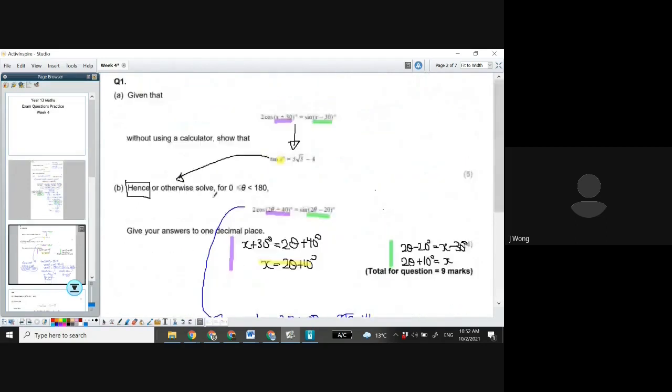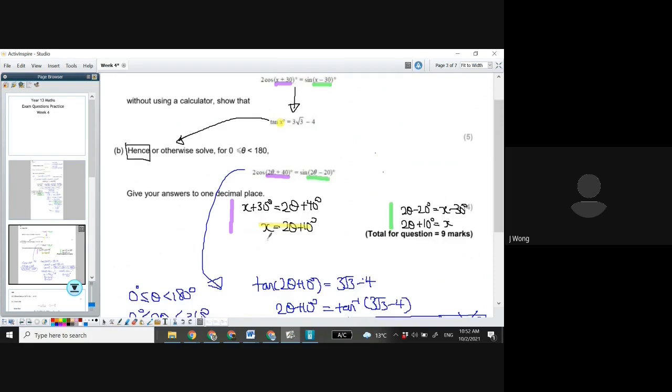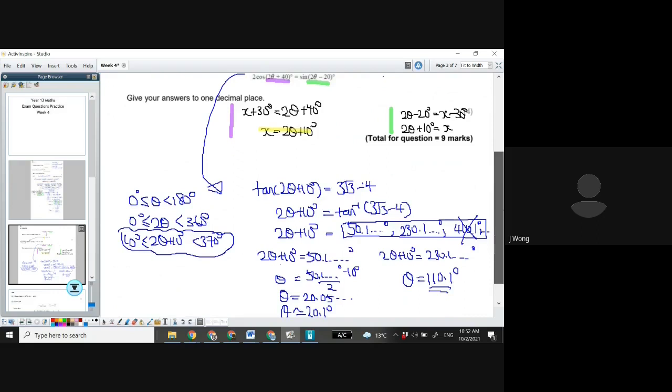Okay, and then part B is quite a difficult application here, because in order to spot x in terms of theta, it's not as straightforward as the others are. In this case you need to actually equate these two and see what we should put as x in terms of theta. Once you get to this stage, you have to be careful not to open this up using the compound angle formula.